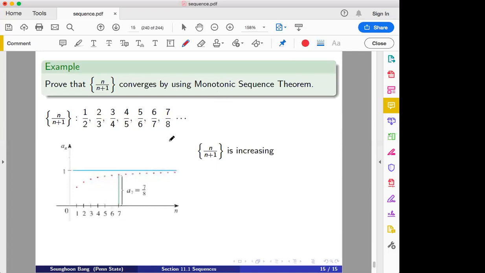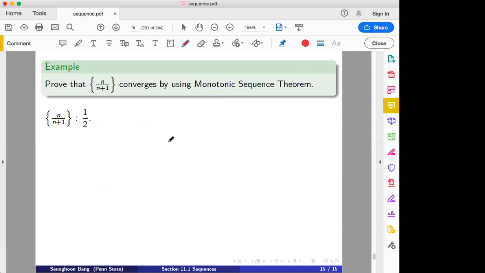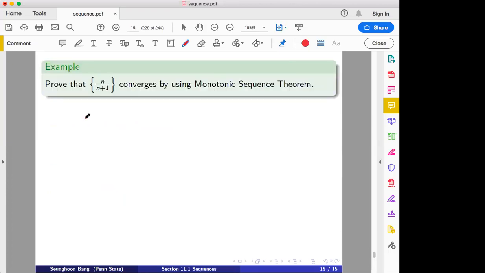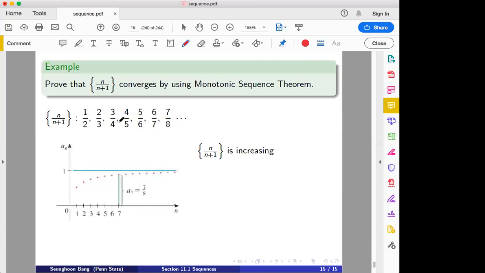So how can you check whether this is convergent or divergent? We go back to the theorem. We check monotonic, and then we check bounded. Is it bounded or not?